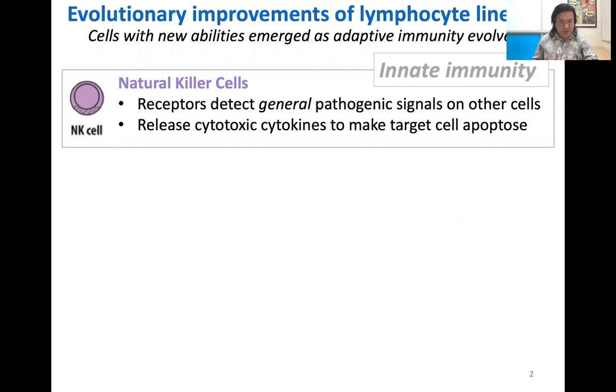But I think it's really important that you have it clear in your mind why it is that we have these three closely related types of lymphocyte cells that are obviously part of our adaptive immune system, to keep them separate in your mind about what makes them similar, but what makes them different, right? Because it's really important that you can be comfortable understanding how these different cells work together. So let's start off with our natural killer cells.